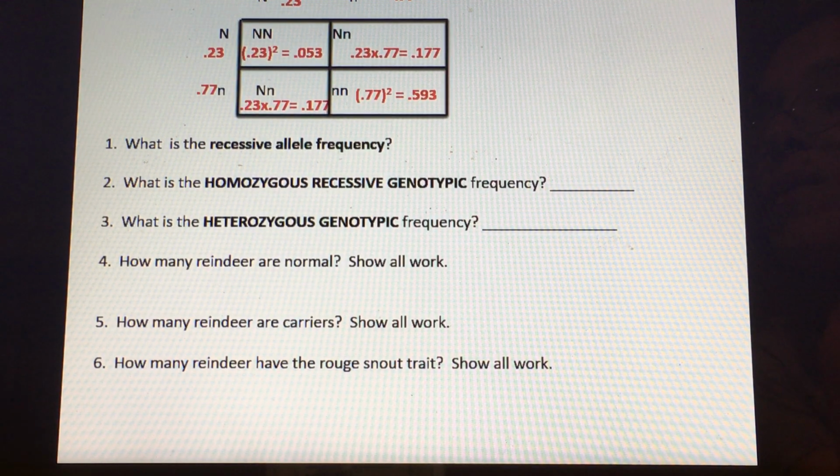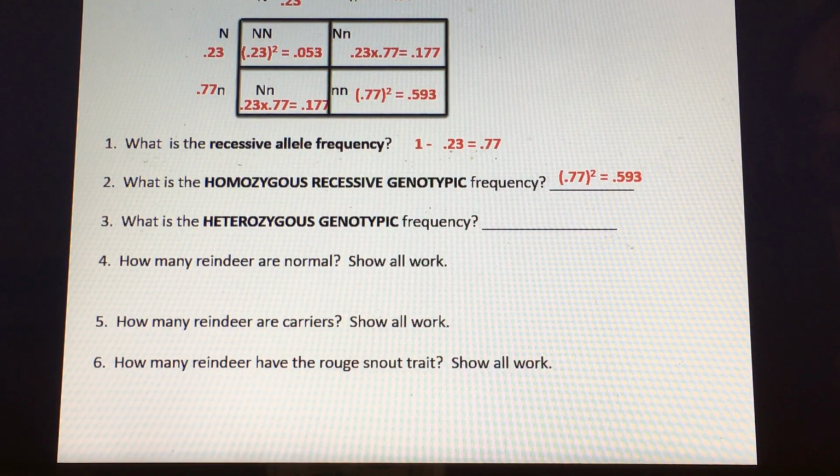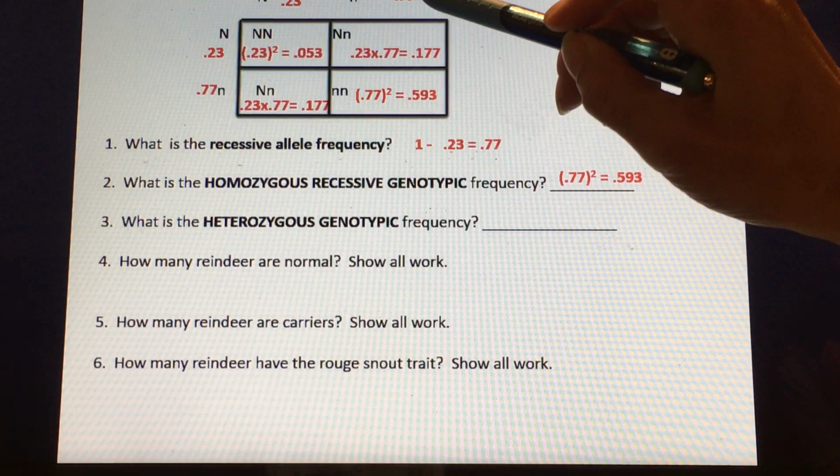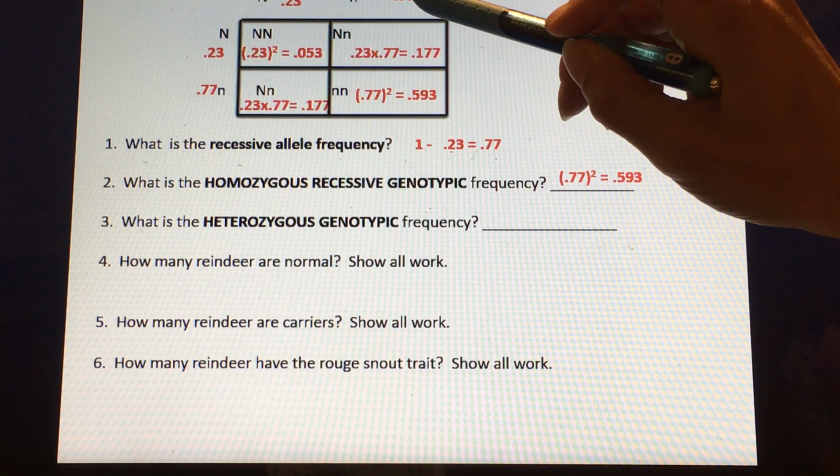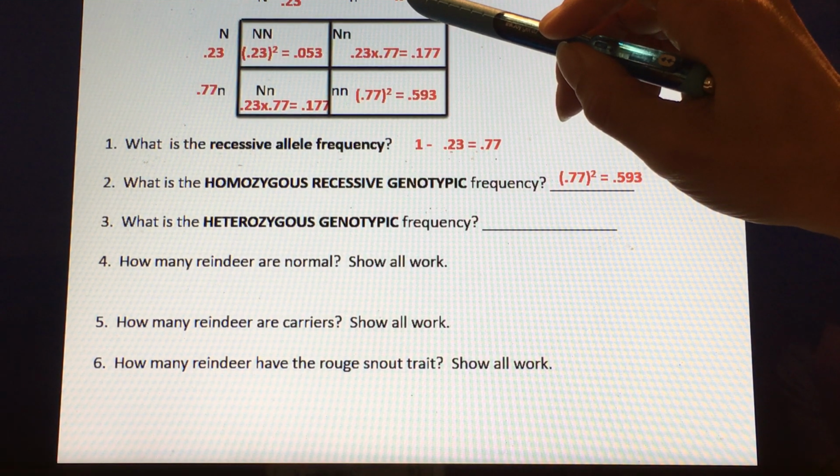So the recessive allele frequency is 1 minus 0.23, which was 0.77. The homozygous recessive genotypic frequency would be 0.77 times 0.77, because the individual probability of getting one of the alleles is 0.77.